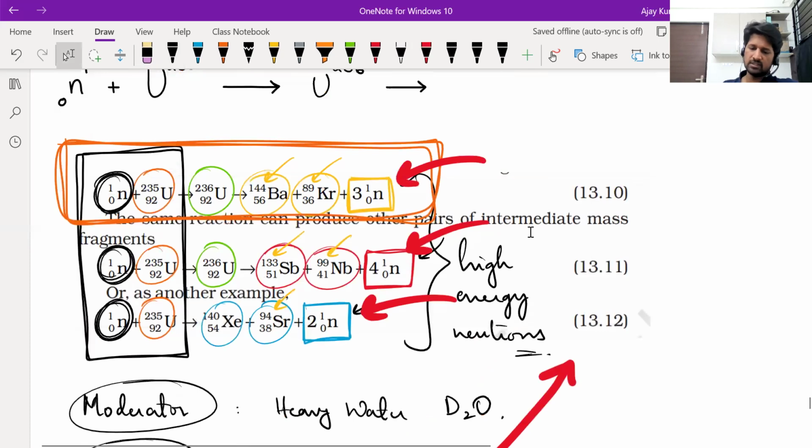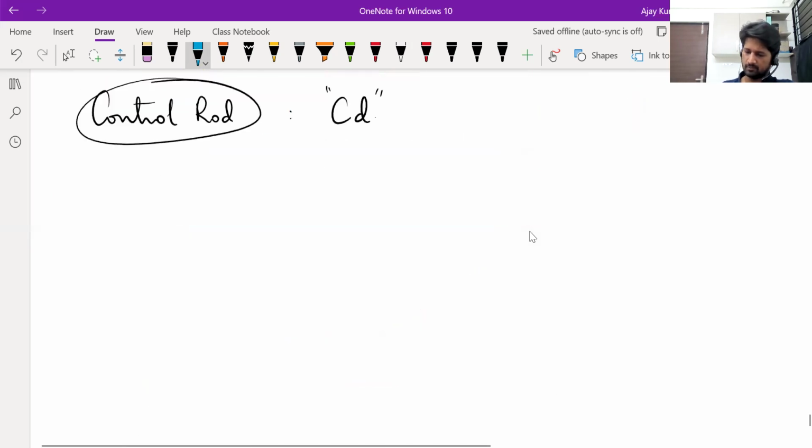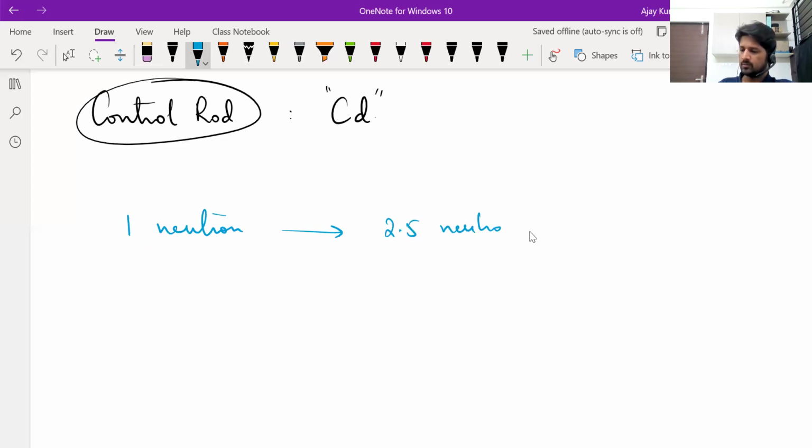Usually, you can see for every one neutron absorbed, there are multiple neutrons produced. Now, which of these reactions uranium undergoes is not under our control. Any of these can happen. And usually it is found that for every one neutron consumed, on average, 2.5 new neutrons are produced.